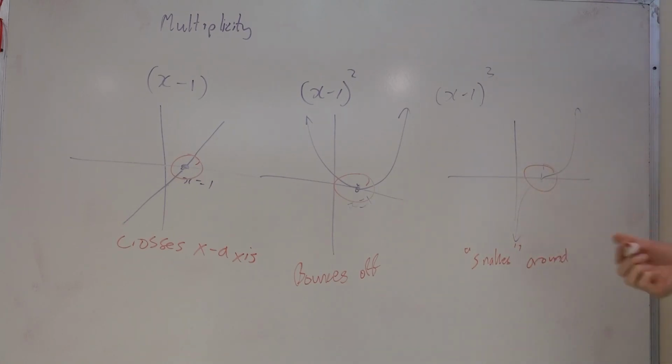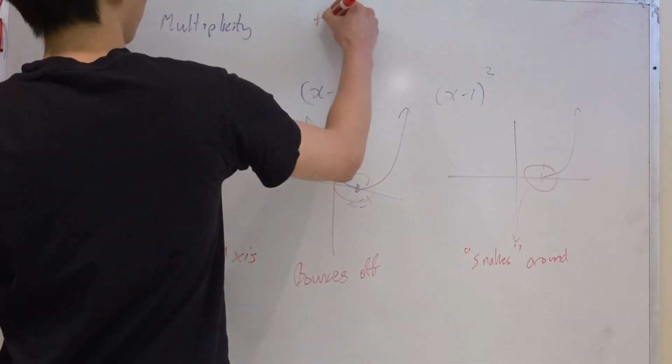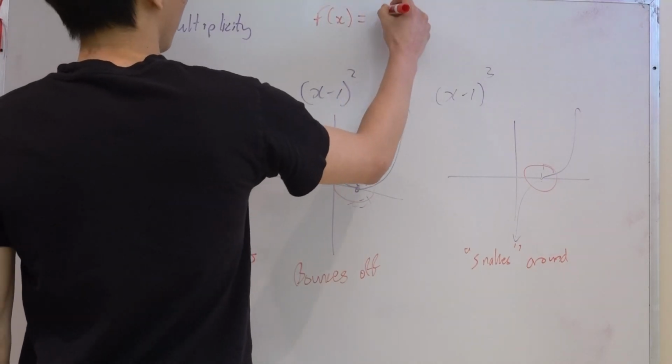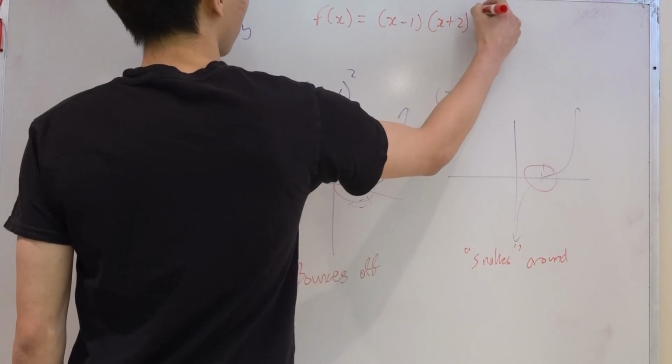Okay? Speaking in the language of Unit 2, the instantaneous rate of change at that point is 0. Okay? So these are the three main types of multiplicities that we are going to be focused on. The reason why is because, say I have a function, f of x, and I express it in its factored form, but it looks something like this.